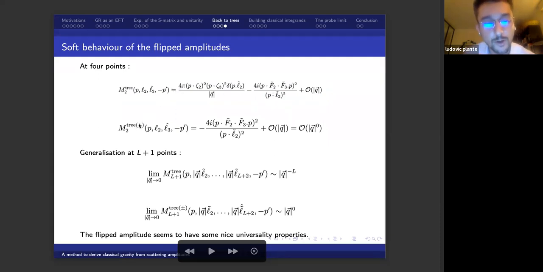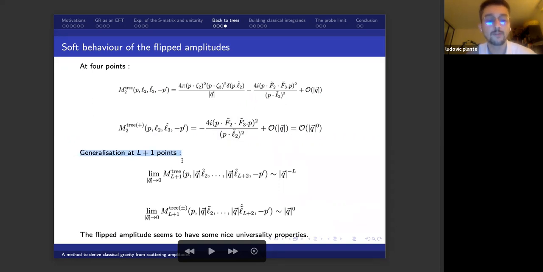Now, when you compute M plus, your delta function is just 1 over P1 dot L2 minus i epsilon minus 1 over P1 dot L2 plus i epsilon. So when you consider M plus, you will have turned your minus i epsilon to plus, so the delta function disappears, and you stay only with this piece. So it means that M plus is of order q to the power 0.